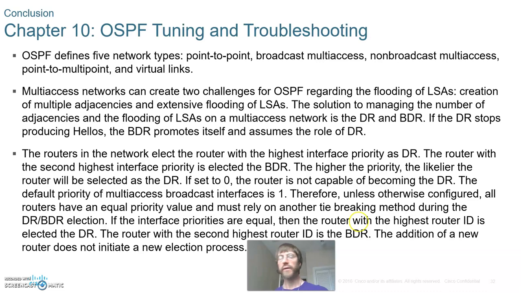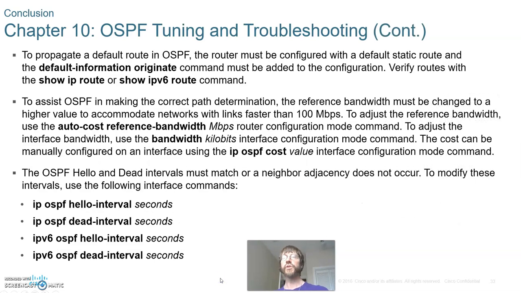So let's talk about default route propagation. This is something we've done before with RIP, in point of fact. You set up your default route, whether it is a static default route with an ip route 0.0.0.0 and then your next hop or your exit interface, or both if it's a fully specified route.